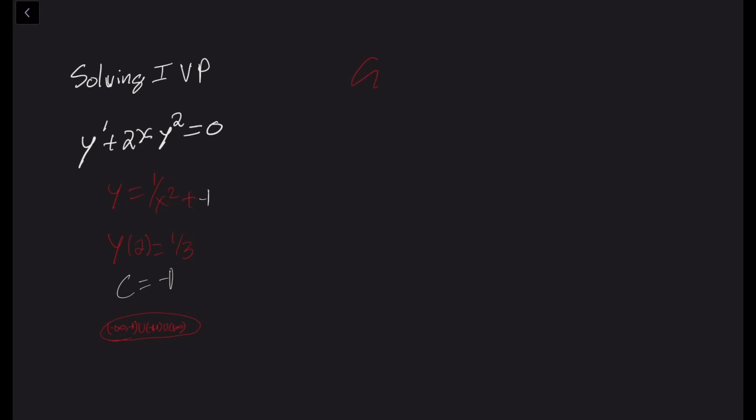Alright, so now our next step is the largest interval I over which the solution of the IVP, initial value problem, is defined. So to do this easily, the easiest way we're going to do it is going to be to graph the solution to be able to visualize it the best.